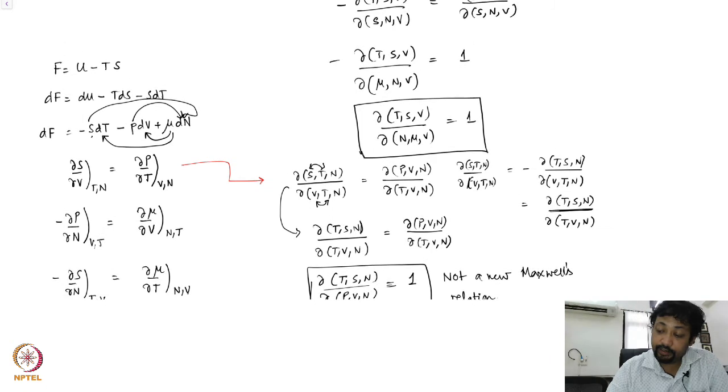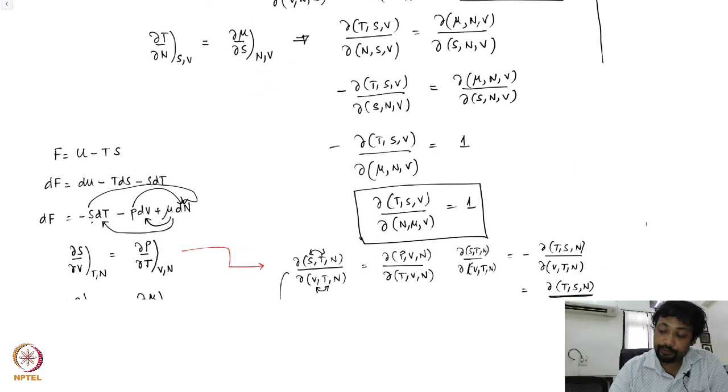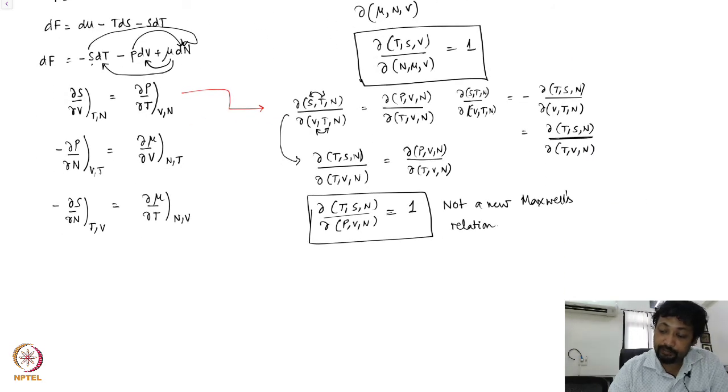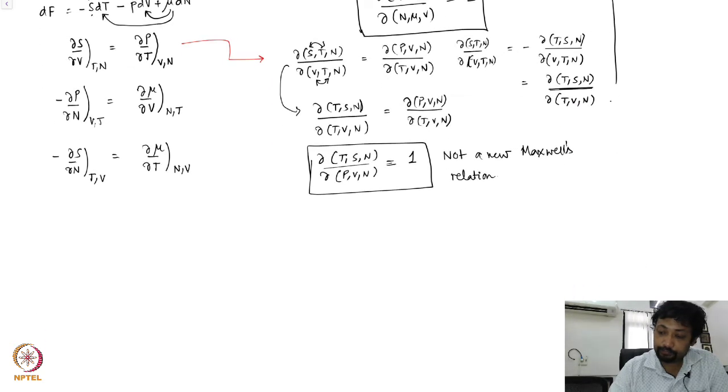We have already got this Maxwell's relation from the internal energy. So if you compare this and go all the way down, then you will see that we have the same equation that we had derived earlier. Both of them are consistent.